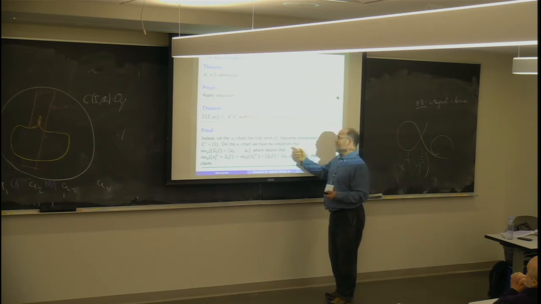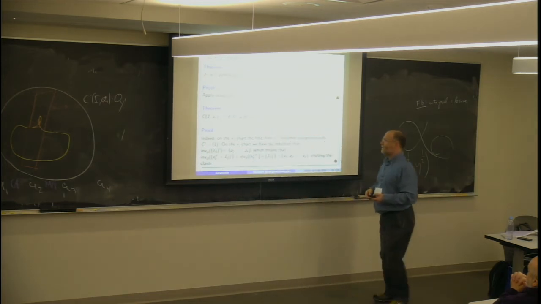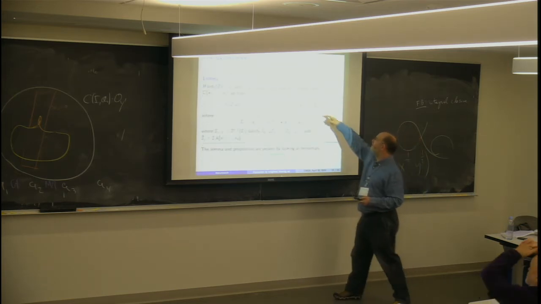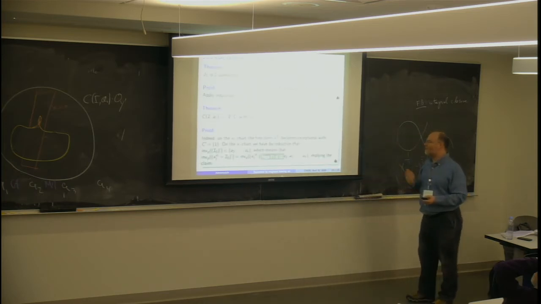And then you have by induction that the invariant of what I called I0 here. So the restriction of this is really what I called I of 2 earlier.